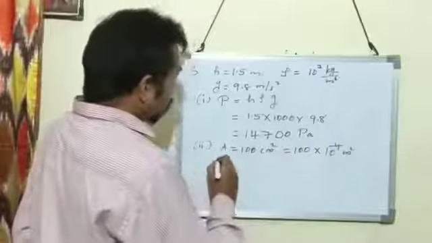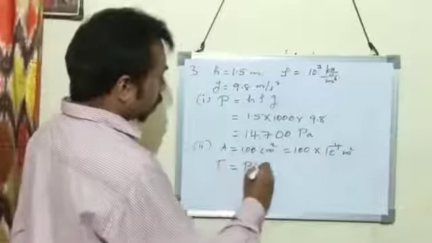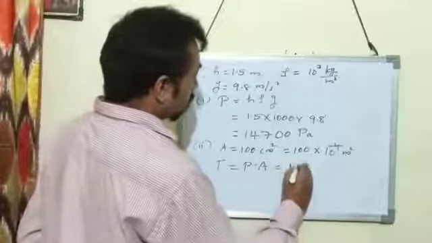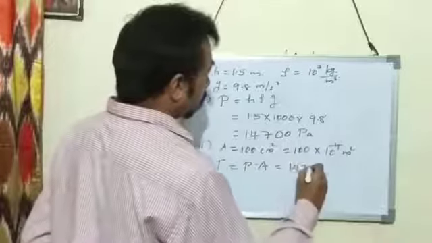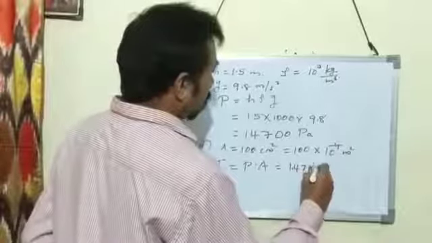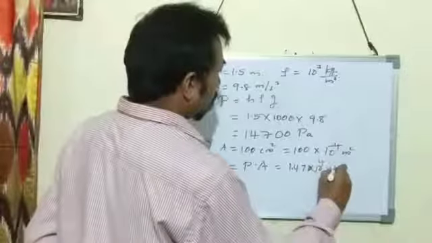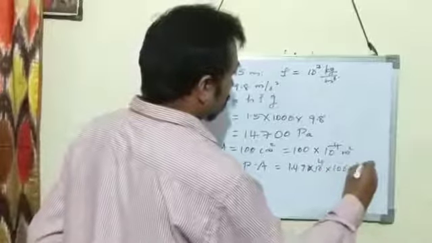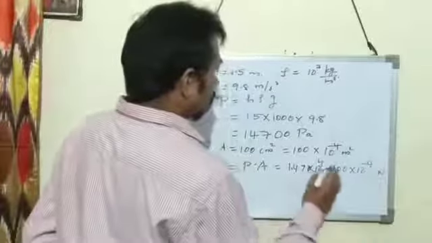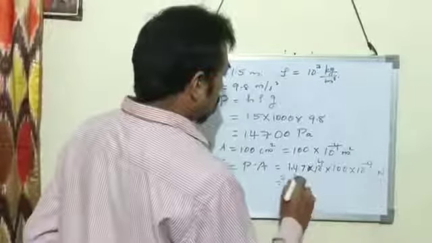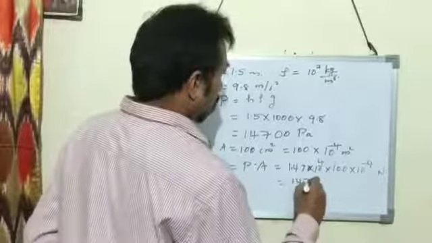So now we have to find thrust. Thrust is equal to pressure into area. Substituting, that is 1.47 into 10 to the power 4 into 100 into 10 to the power minus 4 Newton. So that is equal to 147 Newton.